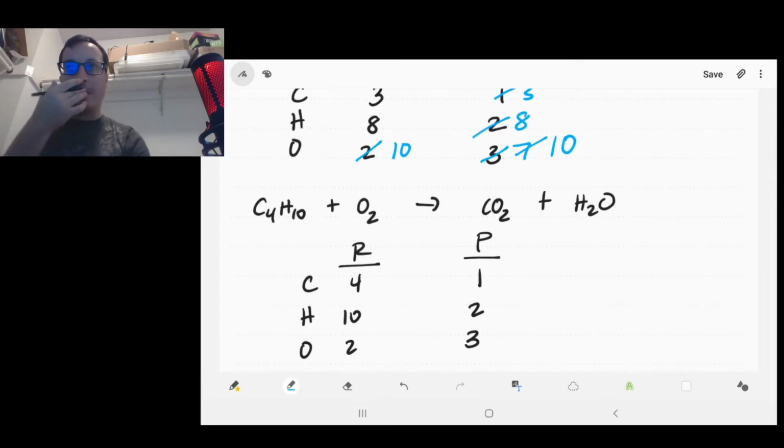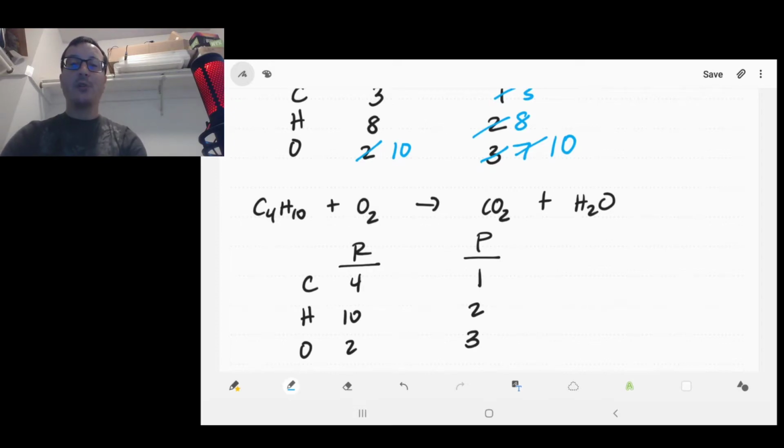So we can go over that. With this, if we're looking at carbons on this set of reactants and products, we want to count how many of each that we have.